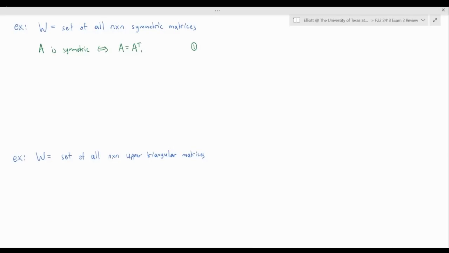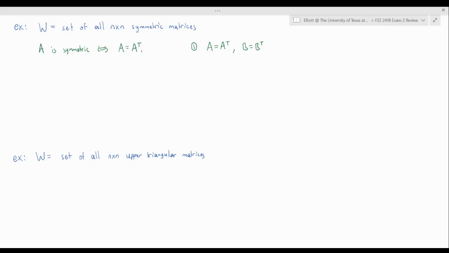So let's suppose we have two symmetric matrices, and we'll call them A and B. Because they're symmetric, that means A and B are going to be equal to their own transposes. We want to check if their sum is going to be symmetric.